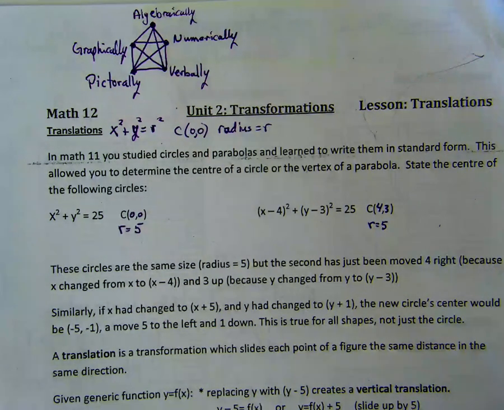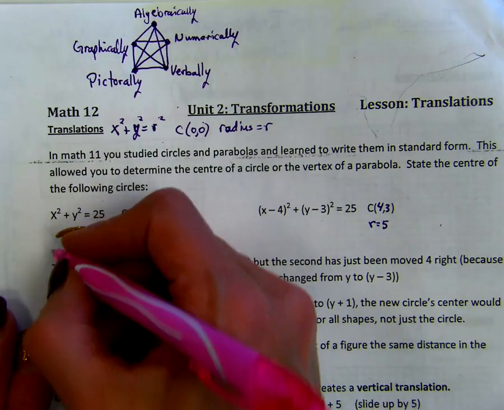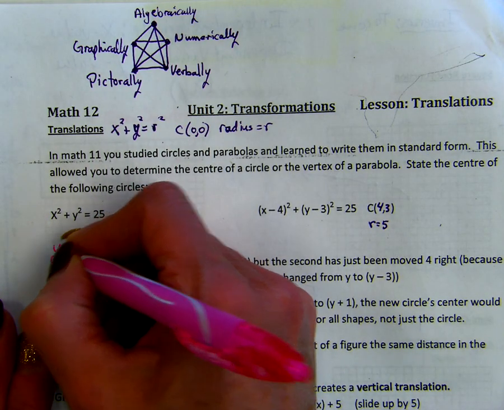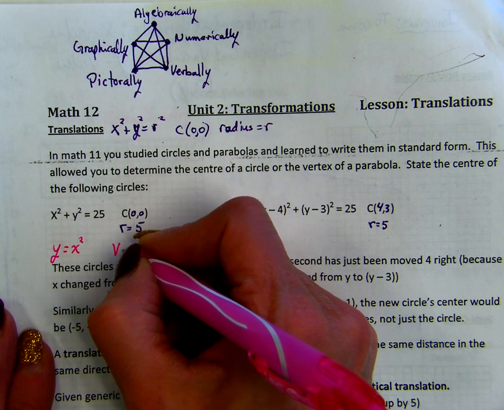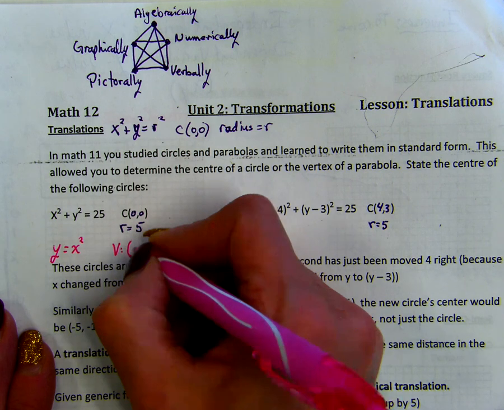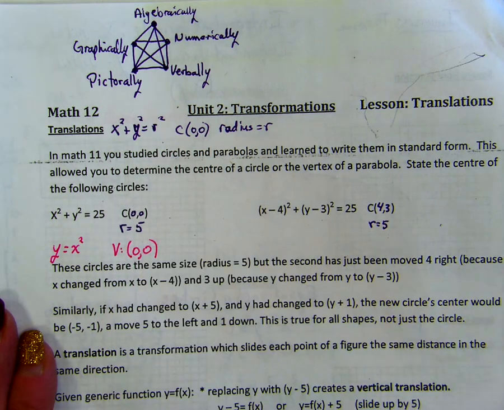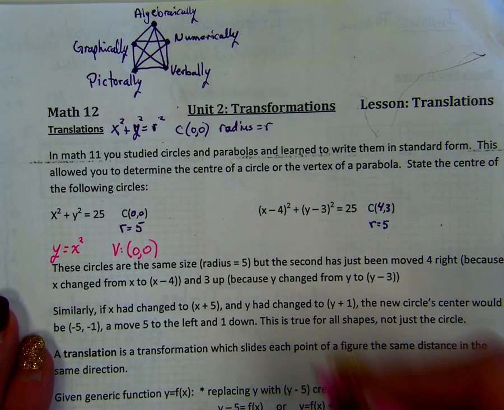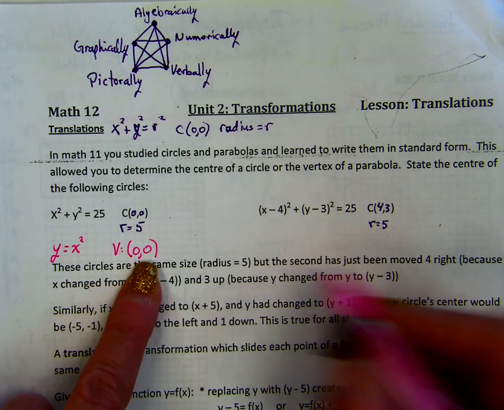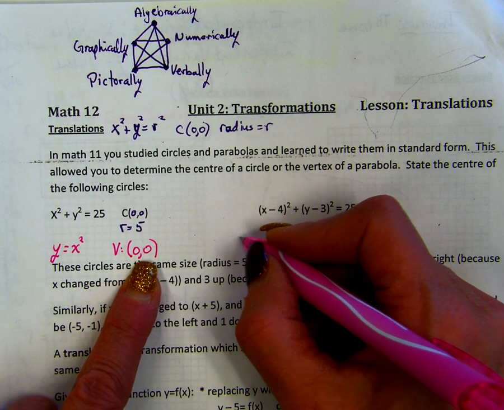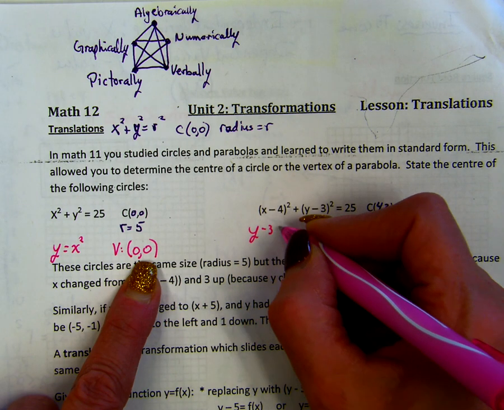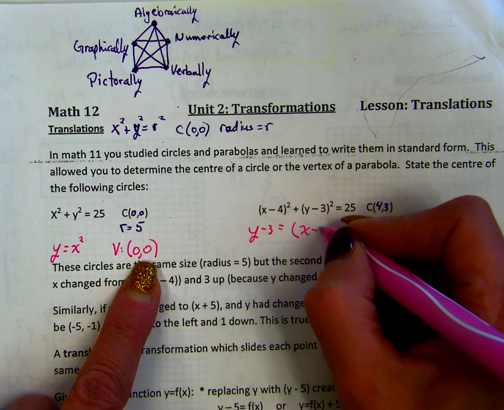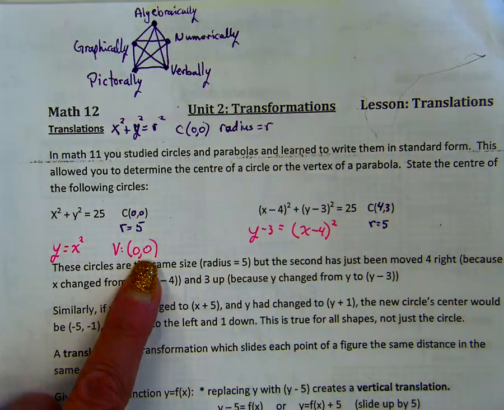Let me give you an example with parabolas. If we start with a basic parabola, y equals x squared, would you tell me where the vertex is? Of course, 0, 0. If I change this equation, y equals x squared, to this, y minus 3 is equal to bracket x minus 4 all squared.